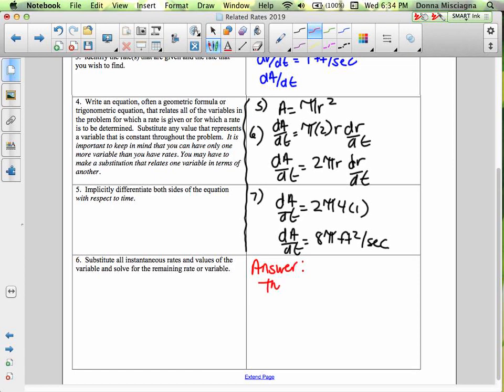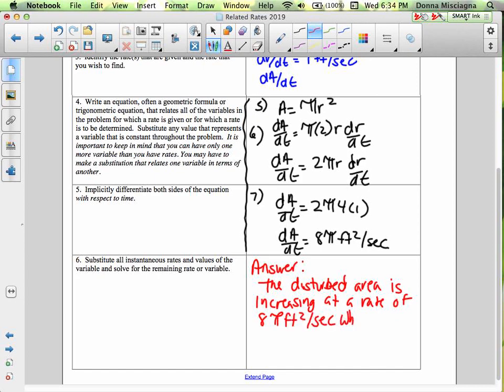So the disturbed area, since that's the way they labeled it, is increasing at a rate of 8 pi feet squared per second when the radius is 4 feet. And there we go.